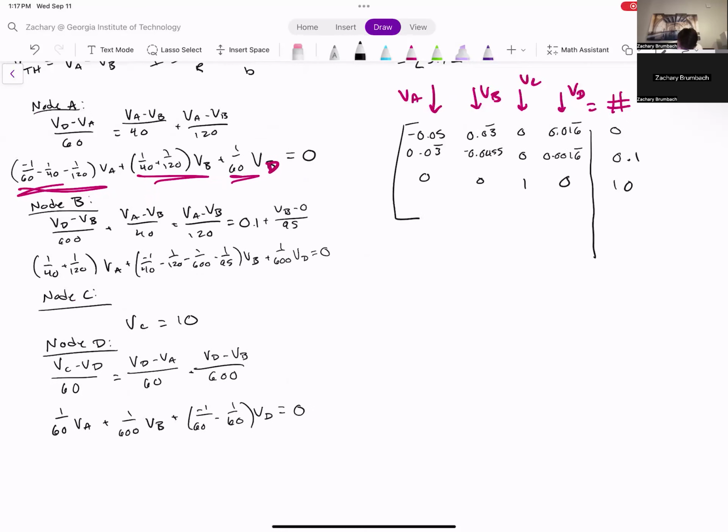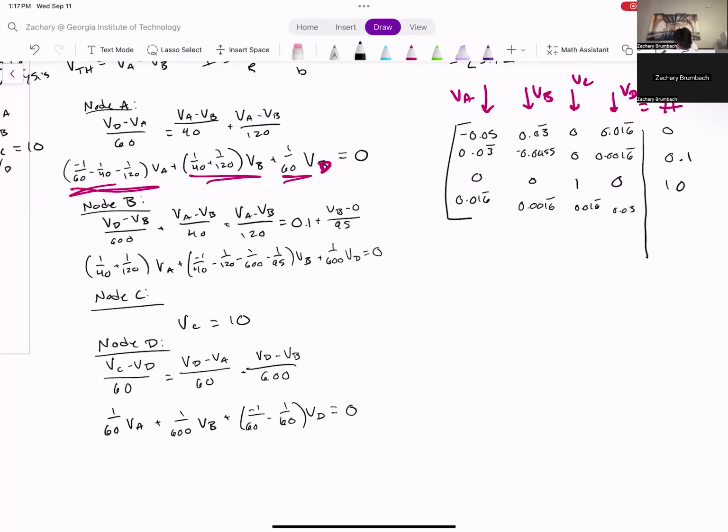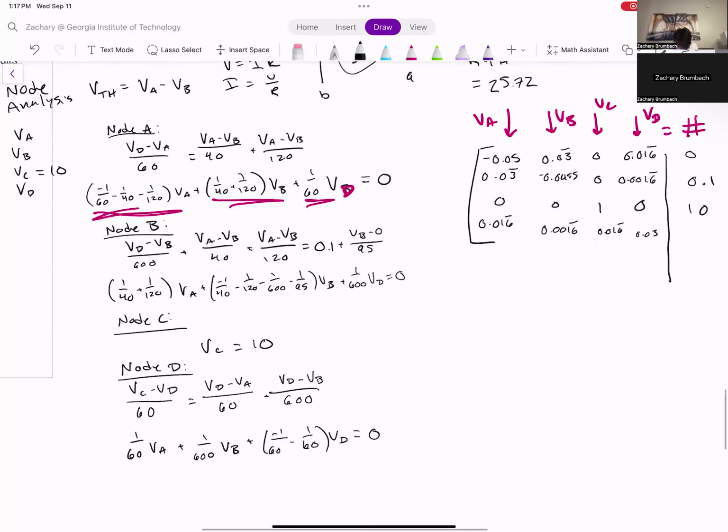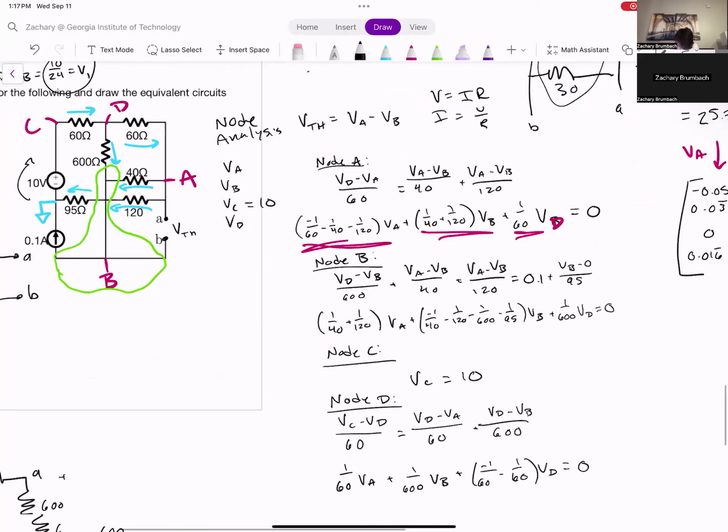And then for the bottom one, we had 0.016 repeating, 0.0016 repeating, 0.016 repeating, 0.03.